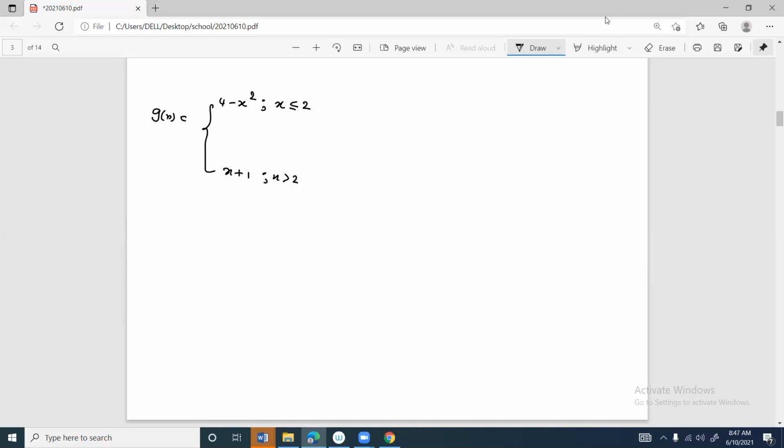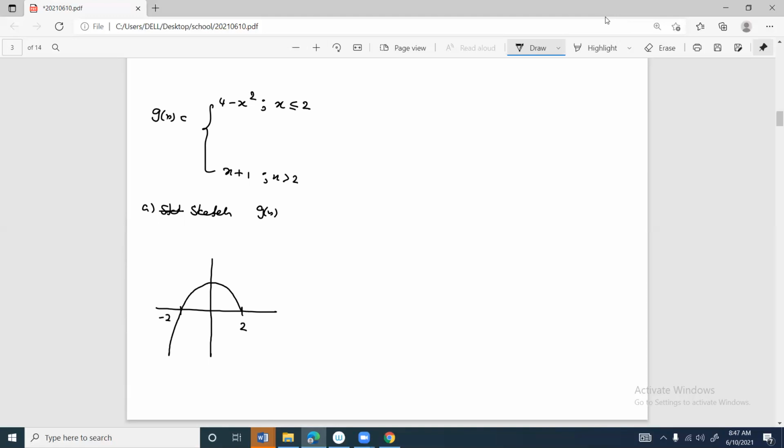Okay, the first part A, sketch g(x). We'll sketch this graph. If you sketch this graph, it is 4 minus x squared for x less than or equal to 2. If you draw it starting from 2, it's just like this, to minus 2.